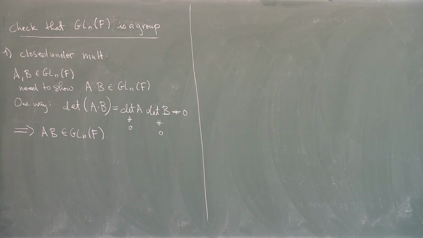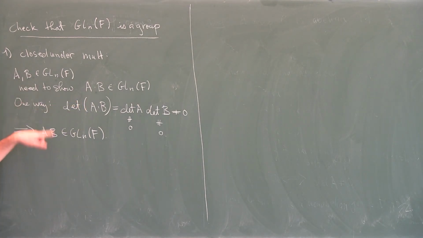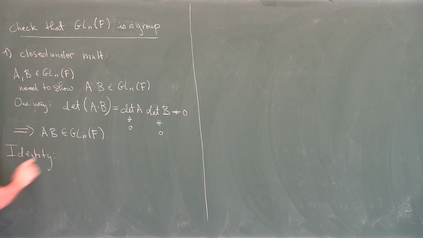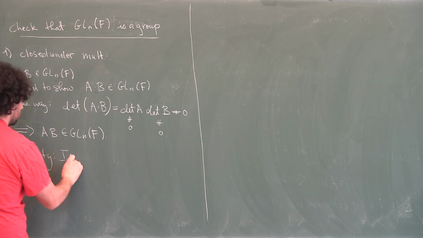Okay? Let me come back to another way to see this when we check the rest of the axioms. For now, let's move on to checking the identity. So we need an identity element. What is that going to be? Well, it's going to be just the identity matrix.